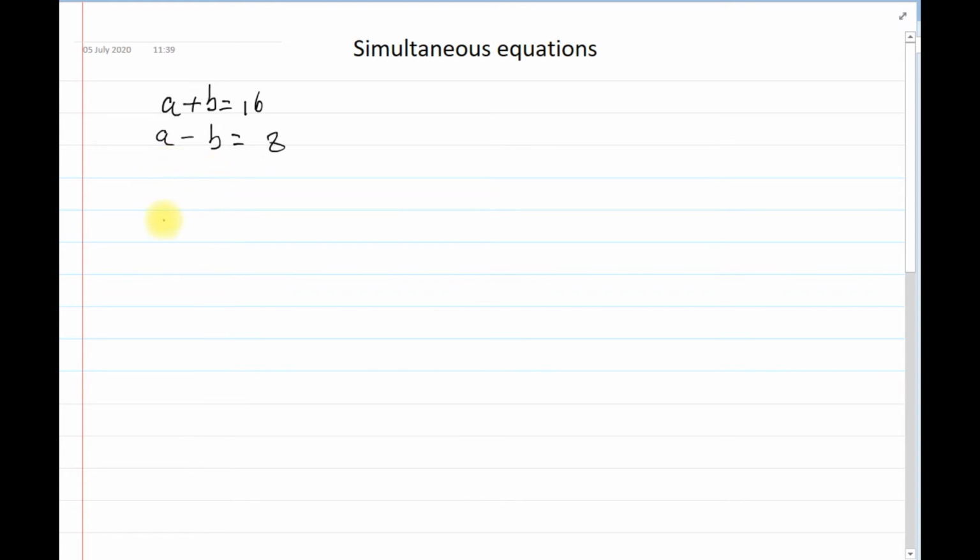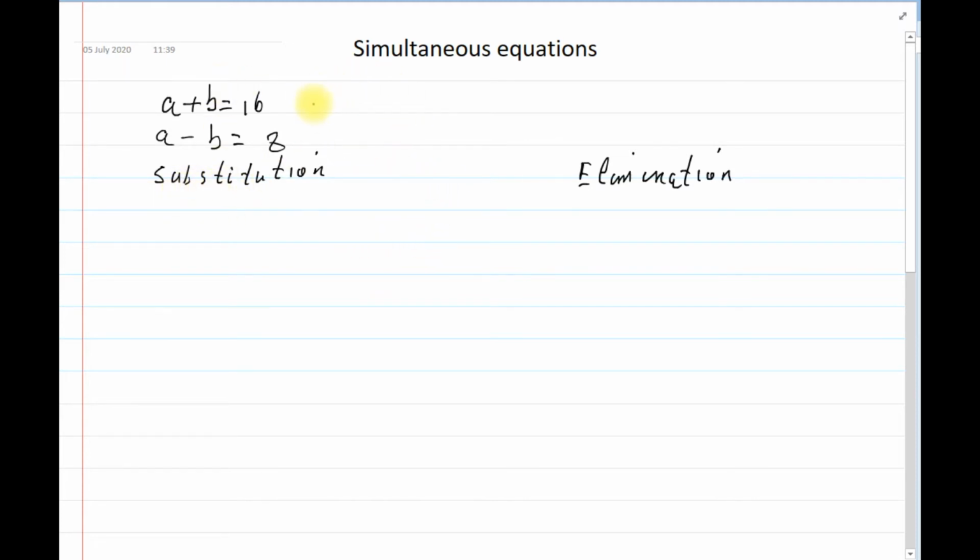One is called substitution, and the other one is called elimination. And these are the two techniques which I'm going to describe now.